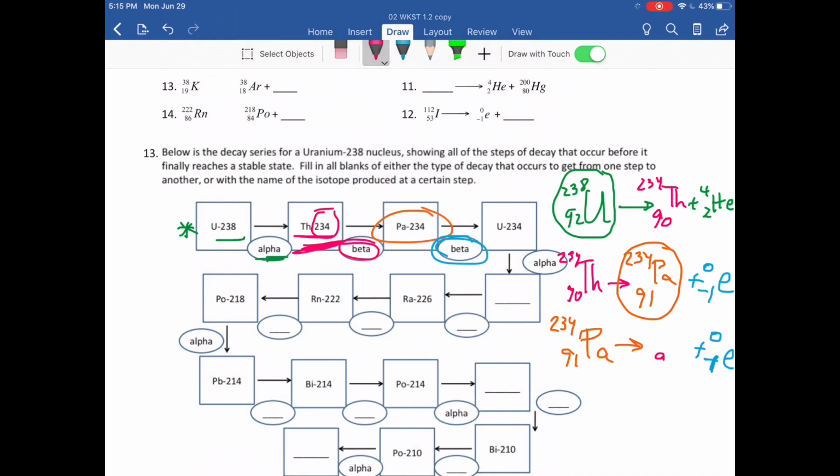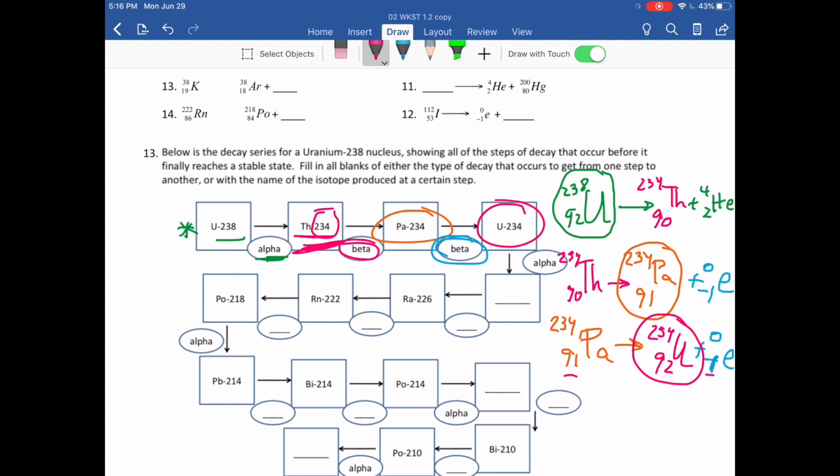So that's going to be 92. So 92 plus minus 1 equals 91. And then mass number plus 0, 234. So I go to the periodic table and I find the element that has an atomic number of 92. And that's uranium. And this over here is this. And so on. Okay?